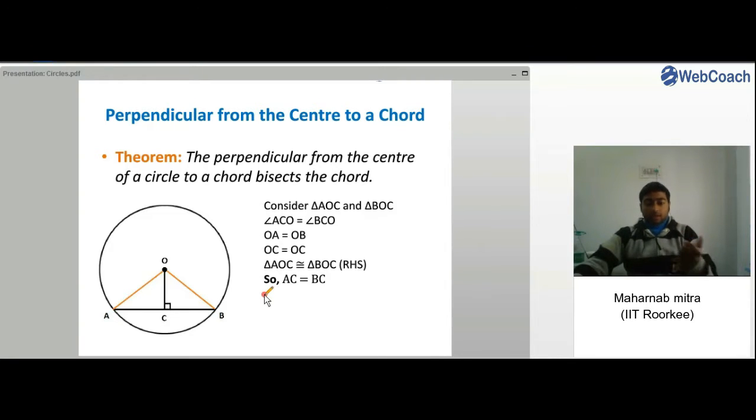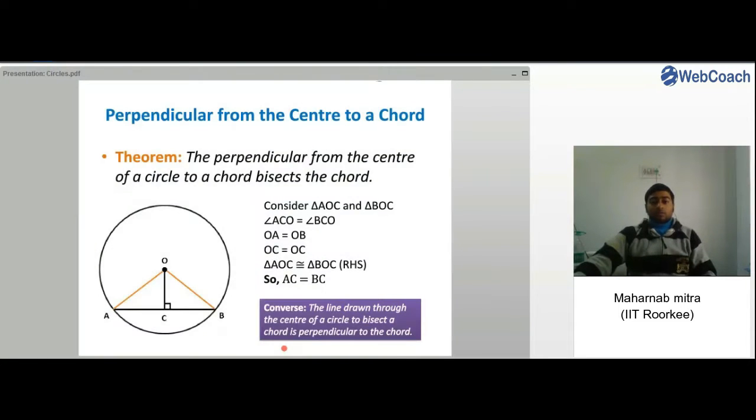So by CPCT we can say AC equals BC, as their corresponding parts must also be equal. Thus we have found that the perpendicular from the center of the circle to a chord bisects the chord. So we can use this theorem to solve many questions very easily.